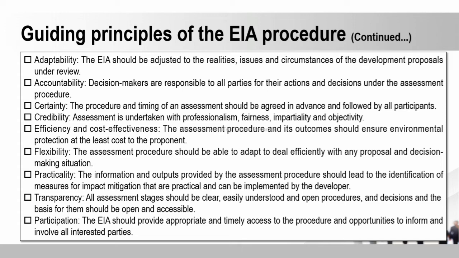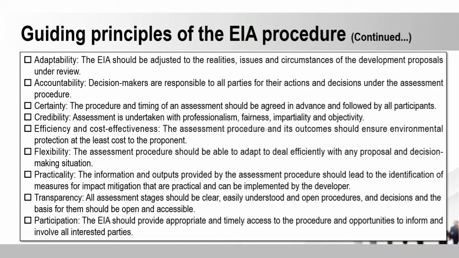Then efficiency and cost effectiveness. The assessment procedure and its outcomes should ensure environmental protection at the least cost to the proponent. So it is also very important that while the procedure or the assessment is ongoing, the environmental concern or environmental aspect should be considered and protected.